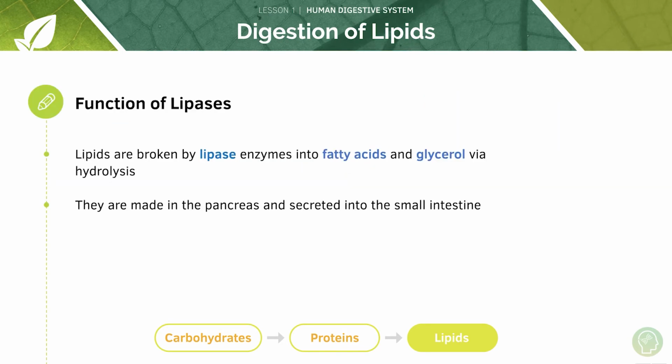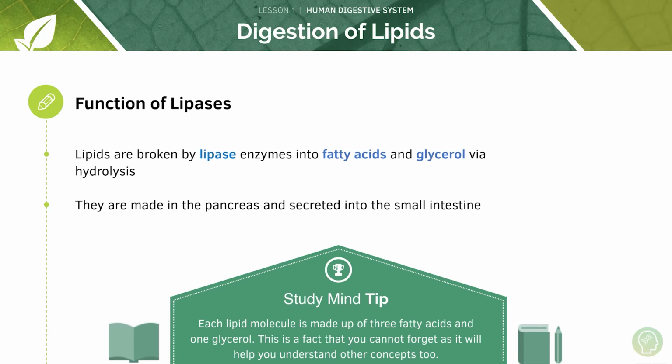They all have this ase stem. So lipids are broken down into their smaller components, fatty acids and glycerol, by lipase enzymes. And lipases are made in the pancreas and secreted into the small intestine via the pancreatic duct. And it's really crucial for you to remember the structure of a lipid, which is 3 fatty acids and 1 glycerol joined together.